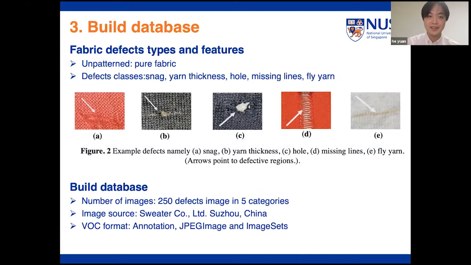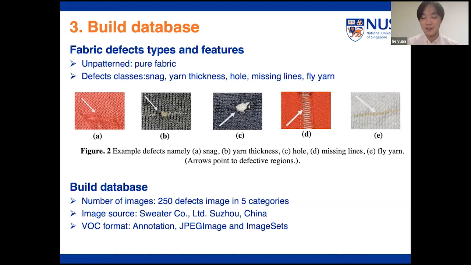Because last year what we have done was not so bad, so we got a small data set. Yeah, we added two more different defects in our database, and this time I got 25 defect images in five categories.